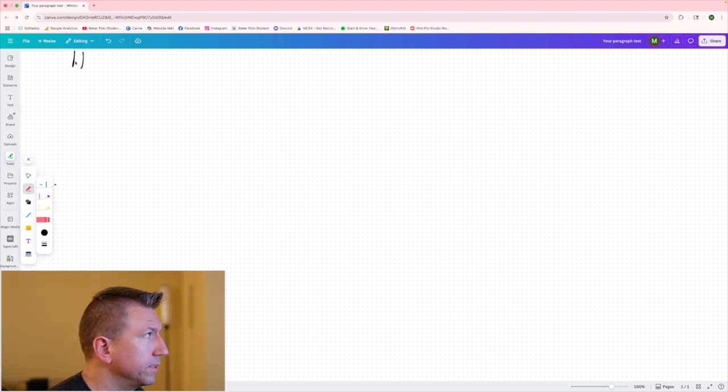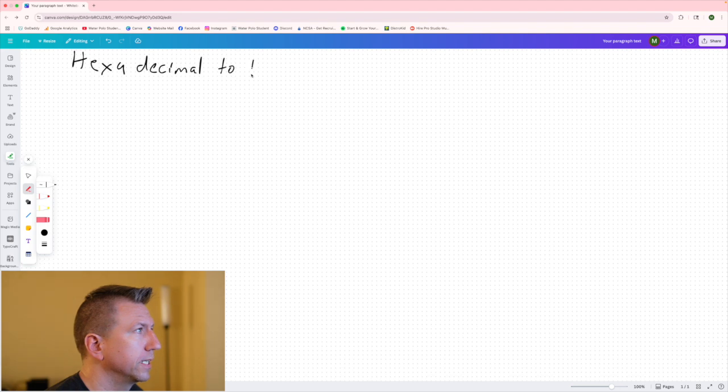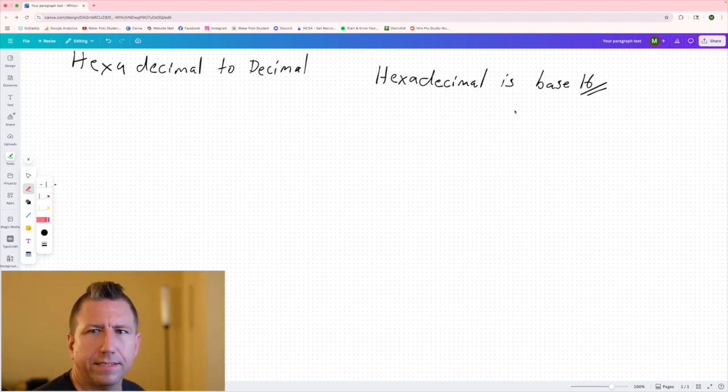So we're going to convert hexadecimal to decimal, and we want to understand that hexadecimal is base 16. So everything's based on the number 16, that is the base of the powers that we'll use for the place values of the different places in the number.